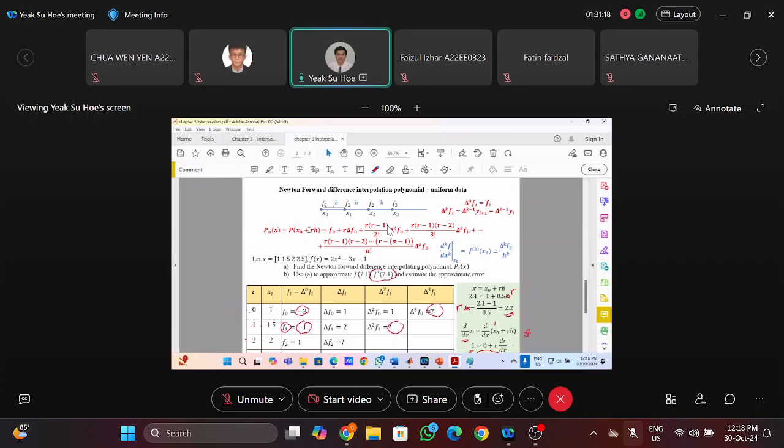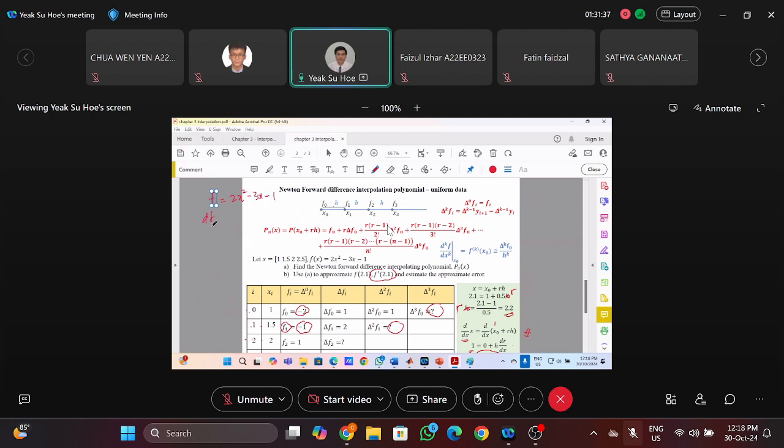Okay, you can check the solutions because your polynomial is equal to 2x squared minus 3x minus 1 after you simplify.